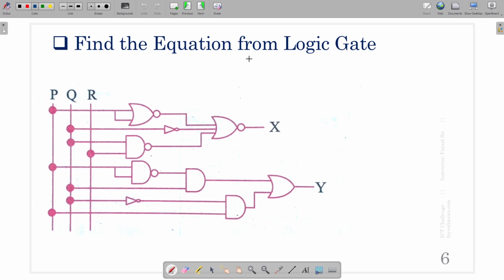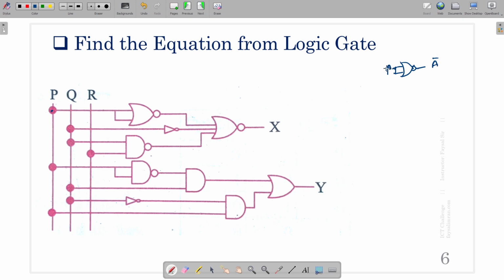So we have to move forward. So find the equation from logic gate. Here we have another logical symbol. So here P is our input. Now this is a NOT logic gate. Okay, we already know that if I input a value, at first I have to write A, and we will get A bar, right?